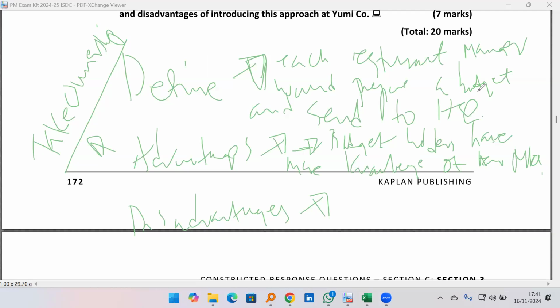So that is the advantage, or the two advantages that we have put. Then the problems, of course, it's going to be time consuming. So imagine you tell all the different restaurants to set their budgets and send them to headquarters. Then the person at head office has to compile everything.